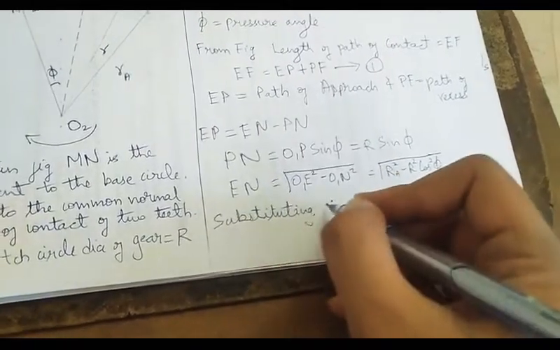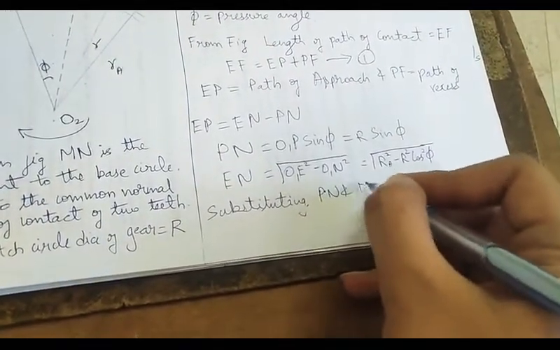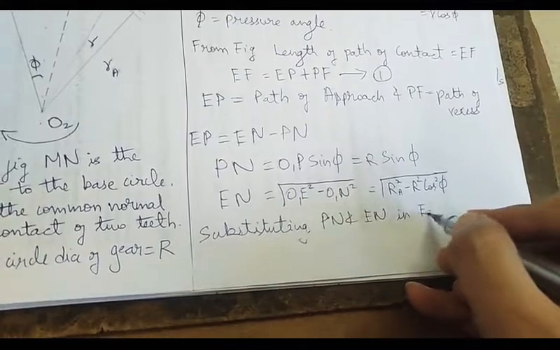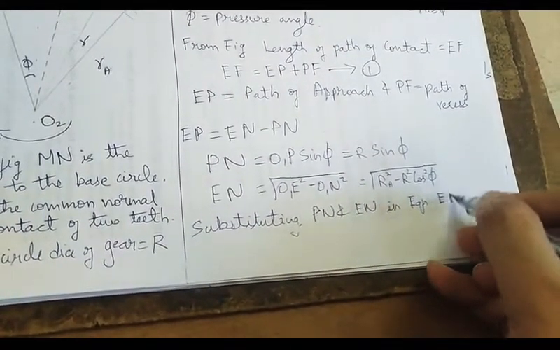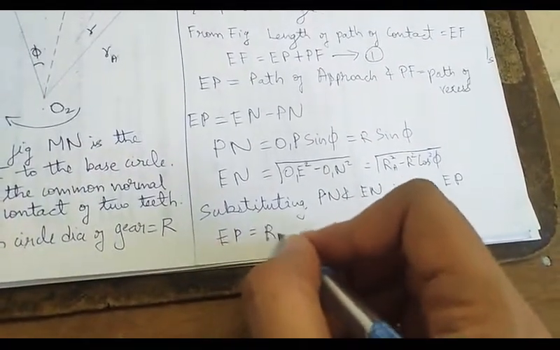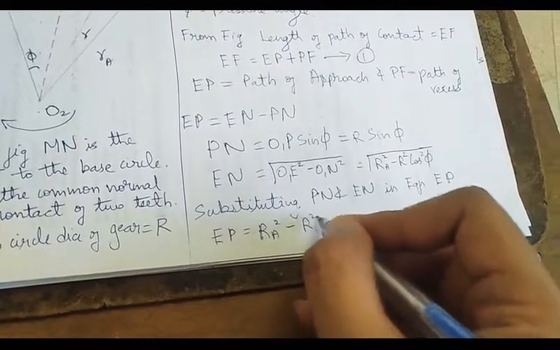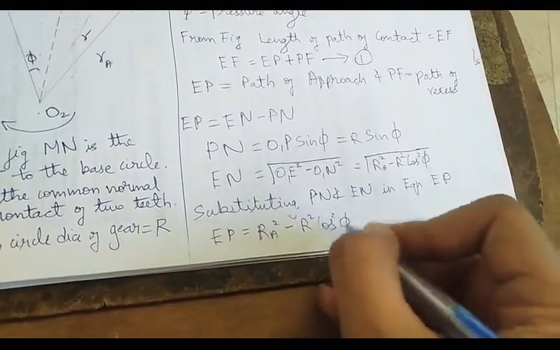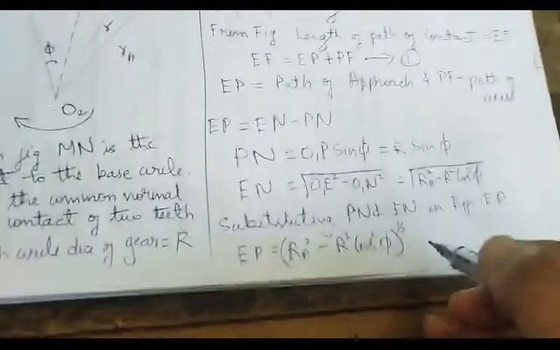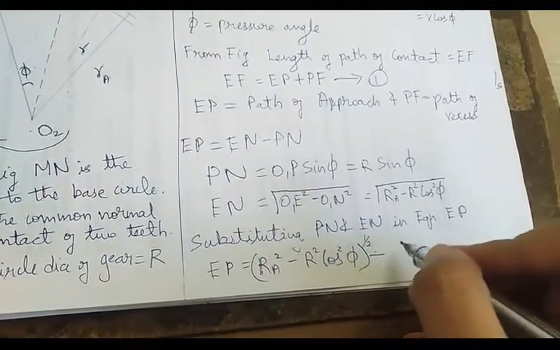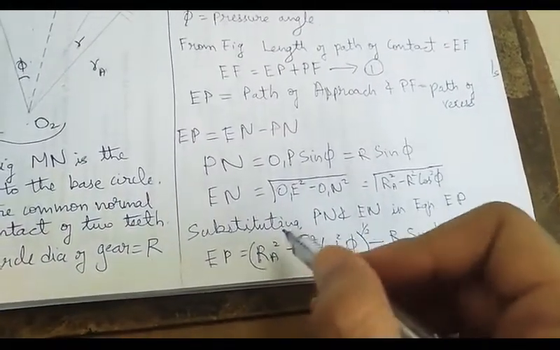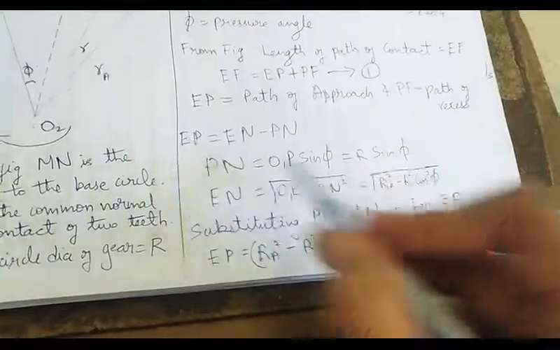Substituting Pn and En in equation EP, EP becomes RA square minus R square cos square phi whole power 1 by 2 minus R sin phi.